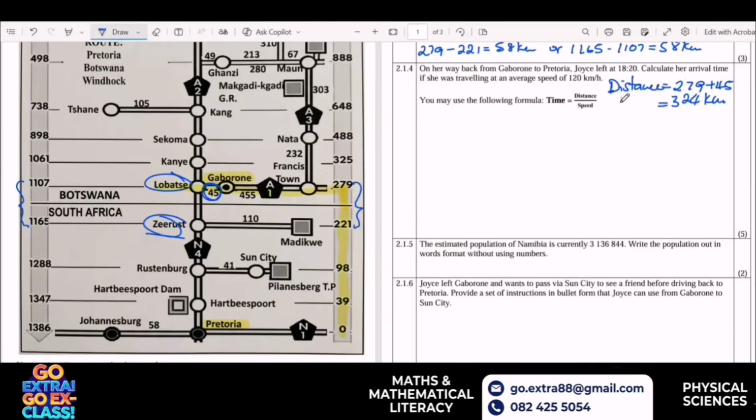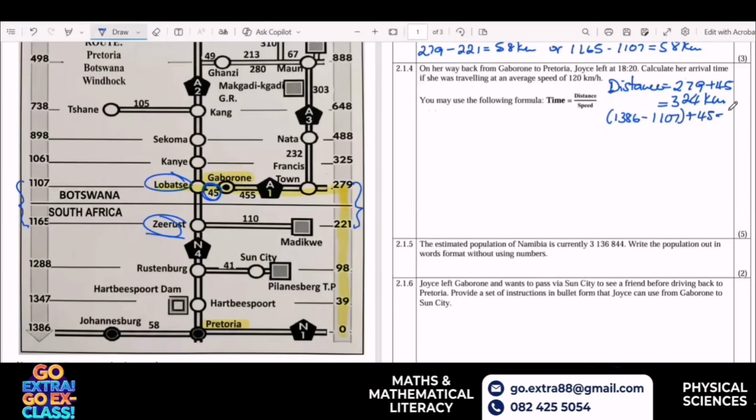Yes, there's another method of calculating the distance also. The other method that you can use to calculate the very same distance: you can find the difference of these two points here, which is, in brackets, 386, the distance from here to this point, minus the other, and you find the difference of those two, which is 117, and then plus 45.